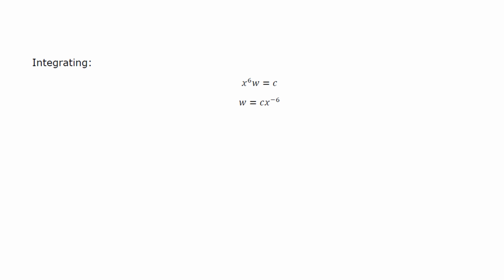Okay. Now we know W equals U prime, so I'm just going to substitute back in my U prime. Okay. And then I'm going to take the derivative. So du equals c x to the negative 6 dx.